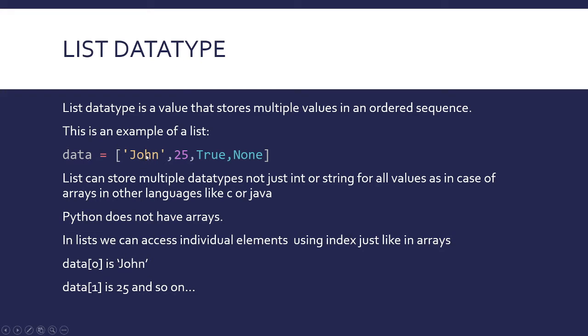The first index is the 0th index. So the index starts at 0 and ends at n minus 1. If there are 4 values, the index will stop at n minus 1, that is 0 to 3. So index 1 is equal to 25 and so on.